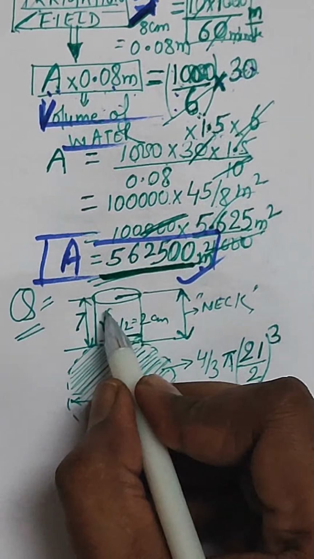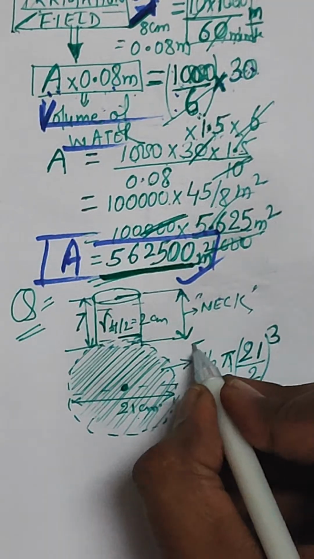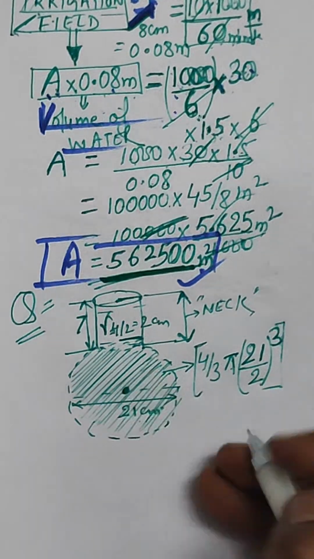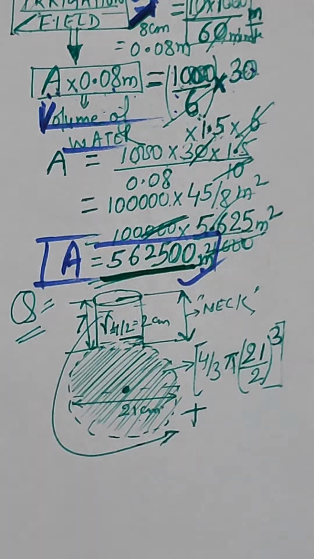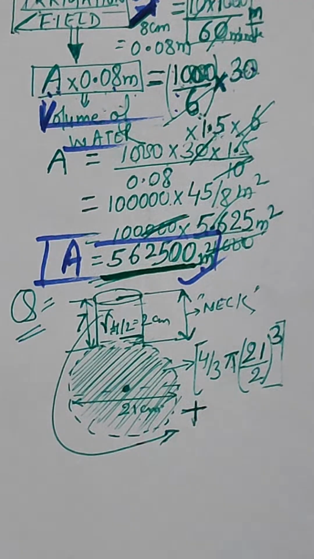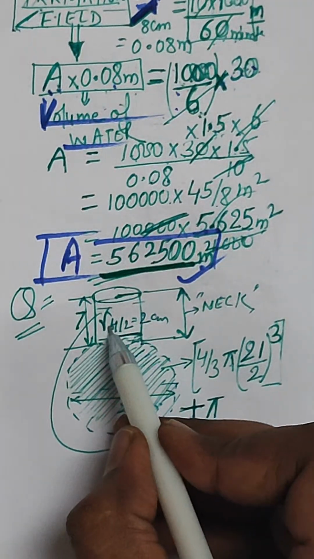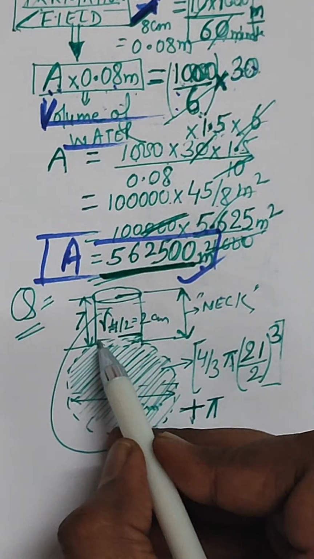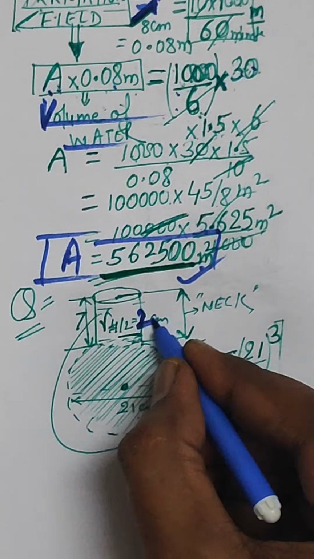And if water is filled up till the neck, then just add the volume of the sphere plus the volume of this cylinder. What is the volume of a cylinder? You remember? Pi r square h, right? So just write pi, and what is the radius over here? 4 was the diameter for the neck, so the radius we calculated is 2.